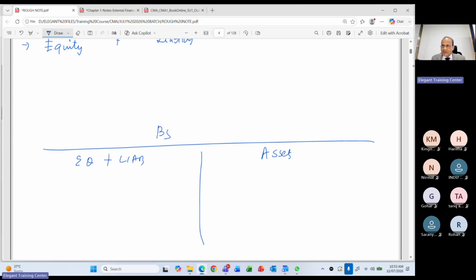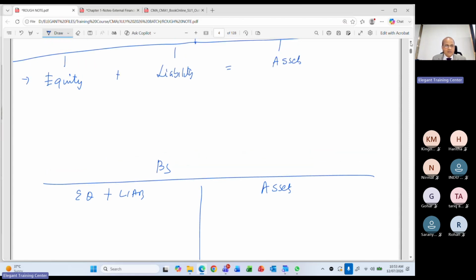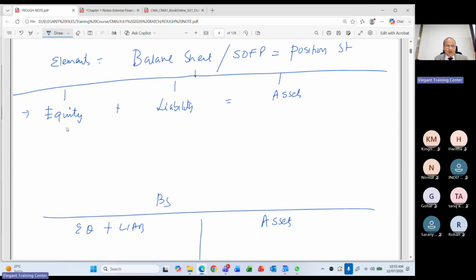So there are three elements in the balance sheet. And this is called the equation. The balance sheet equation is assets equal to equity plus liability, or equity is equal to assets minus liabilities. These are called balance sheet equations.